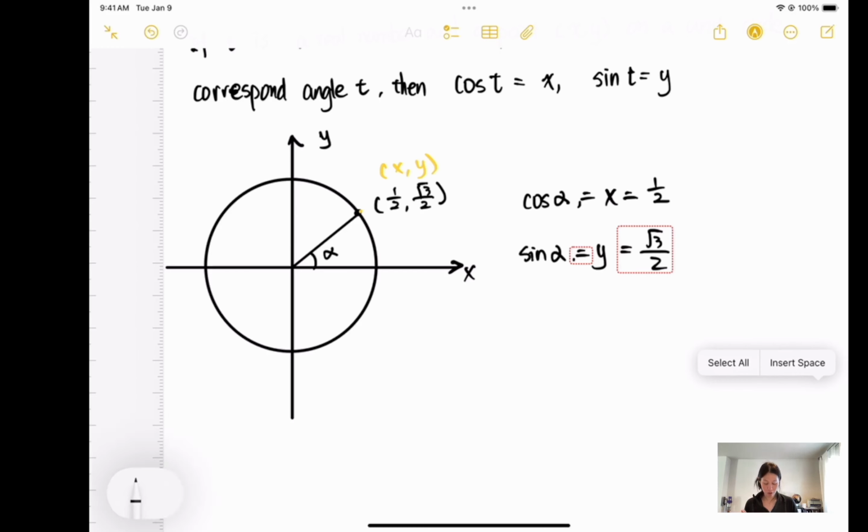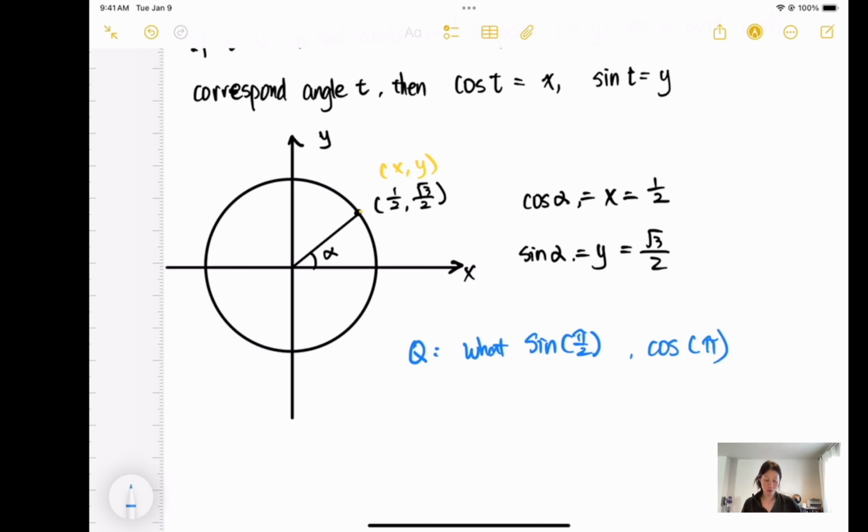Now, here's the question. What about sine pi/2 and the cosine pi? Now I want to use more radian notation, since you might already be familiar with the degree notation, but we still have a hard time getting used to the radian notation. So pi/2 is how many degrees? It's 90 degrees. So where is the 90 degree angle?